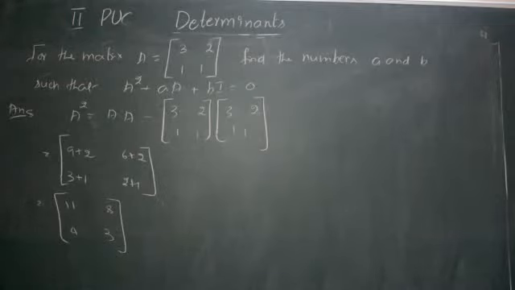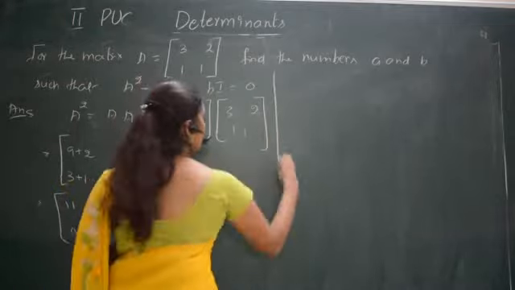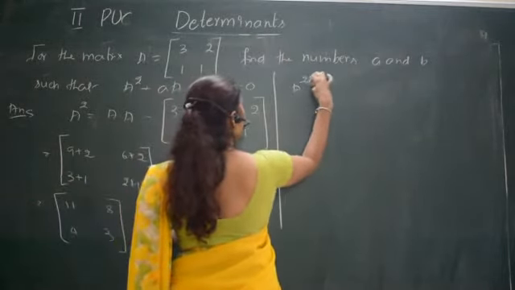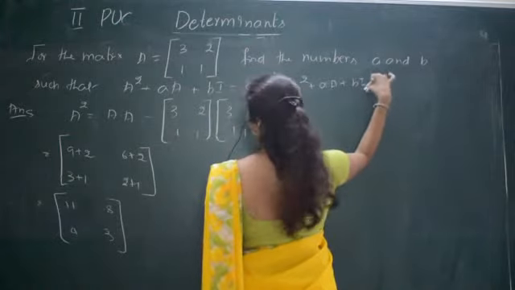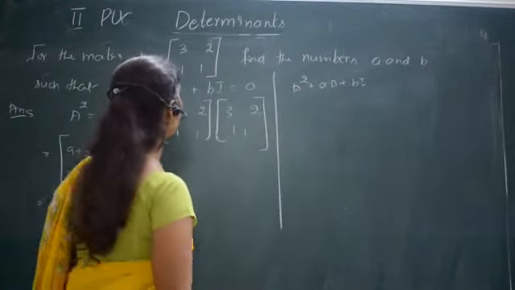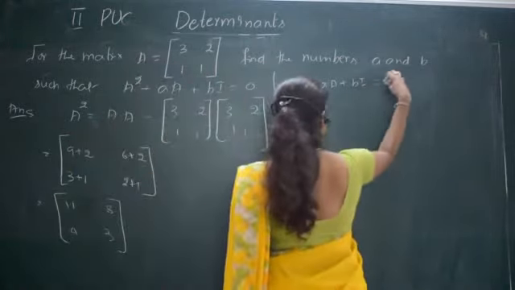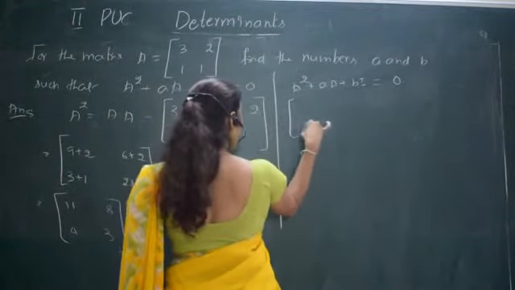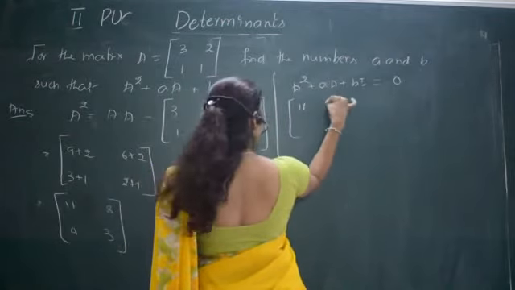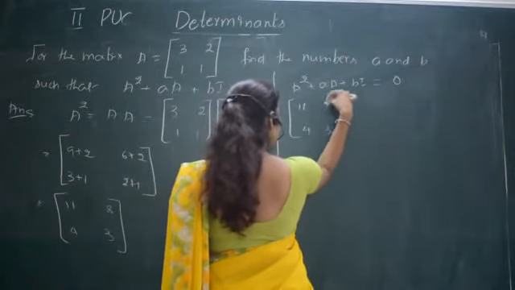Then the equation is given: A square plus aA plus b into I, and we have to find the numbers, so we can take it equal to 0. A square we got as 11, 8, 4, 3.